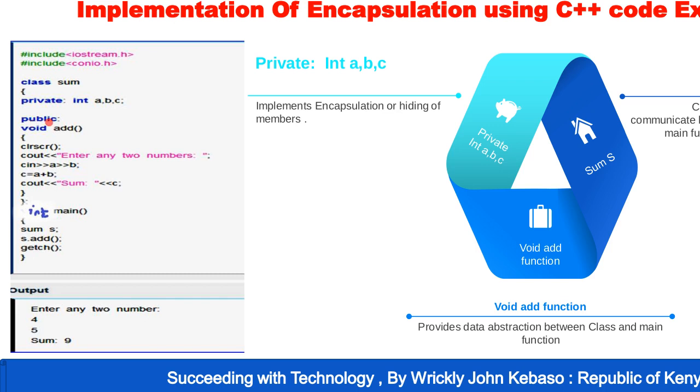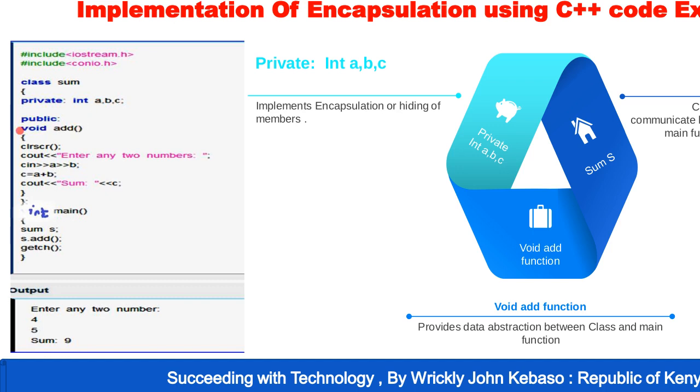Then I have another access specifier called public. When I get this one, I'll know this is abstraction that has come in. Abstraction means that this function is going to provide the link between any other classes or the main function, so that this function can give out or supply the hidden variables to the outside world.